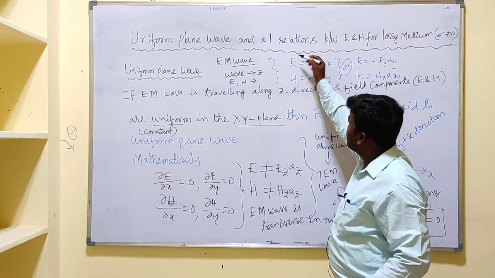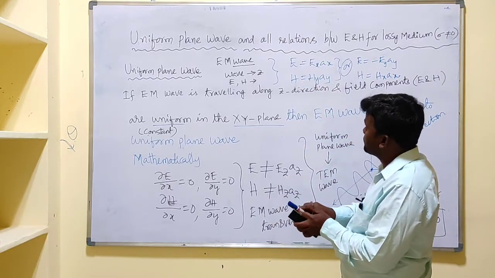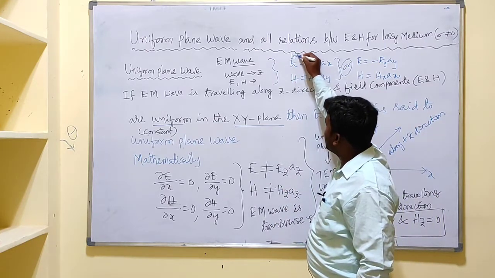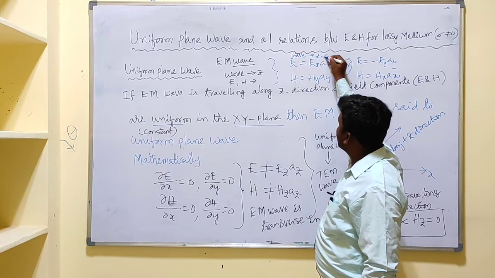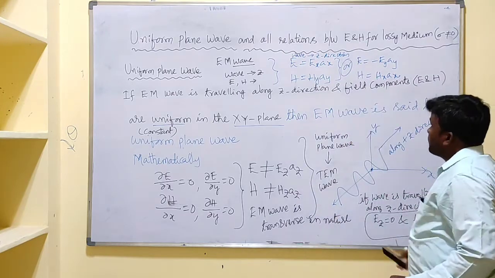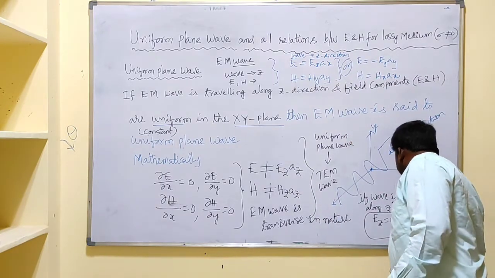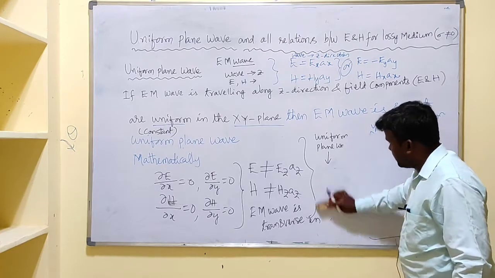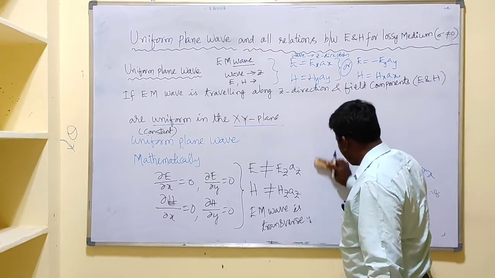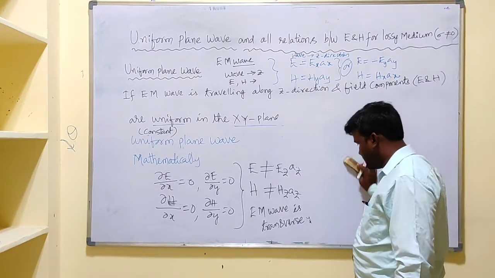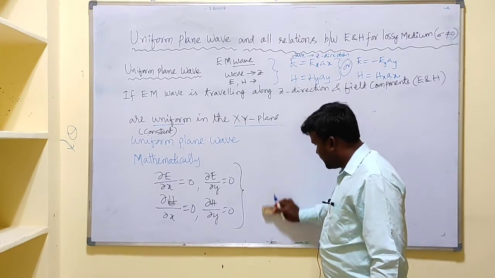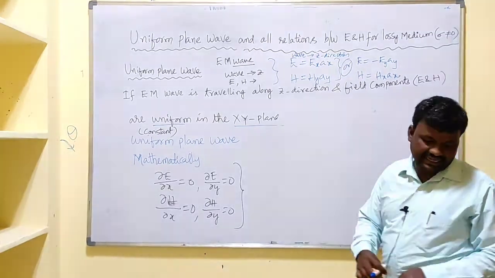From this we can find the relations between E and H. Those relations are the dot product of E and H, the cross product of E and H, and lastly the ratio of the magnitudes of E and H.